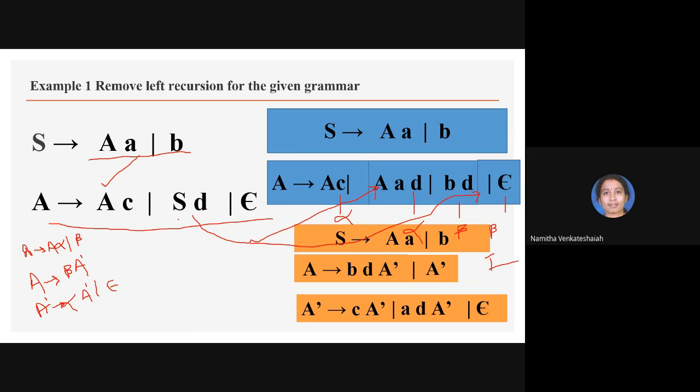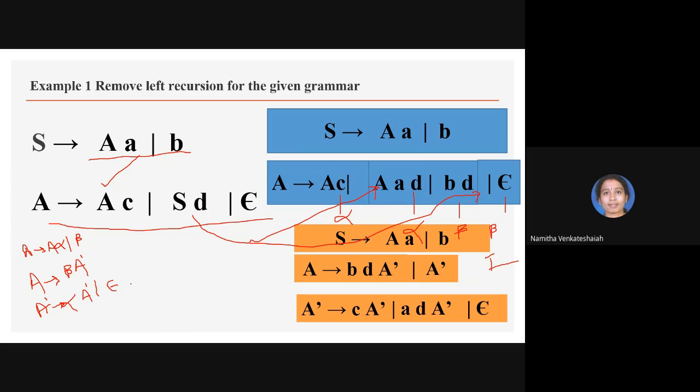And here whether the left recursion is there directly, they have not indicated. You should replace S with AA or B. Then you will get AAD or BD or epsilon. Now we know that the first grammar is not having any left recursion, but the second grammar is having left recursion. So here A produces AC is having left recursion, C is alpha. A produces AAD, AD is alpha, BD will be beta, and epsilon will be beta.